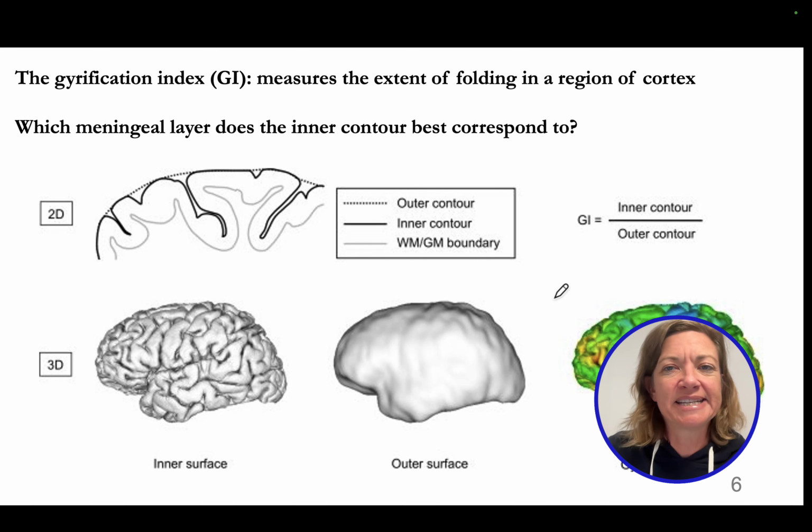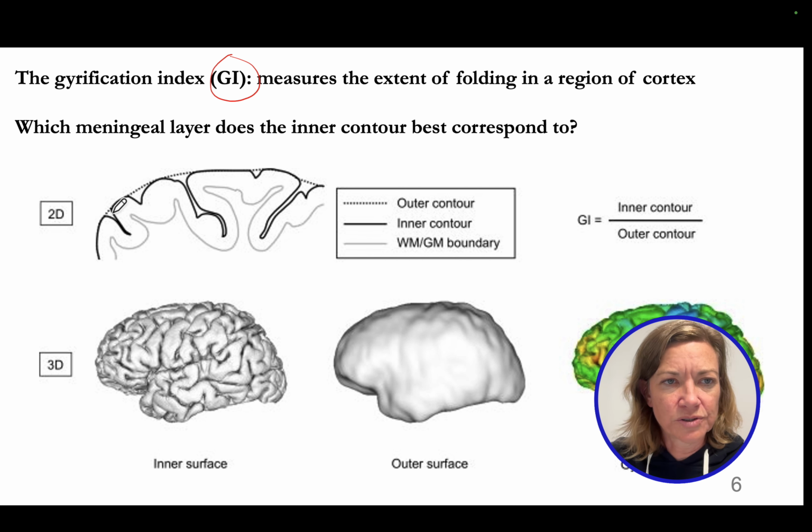So we measure the extent of folding in a bit of cortex using the gyrification index, or GI. And the gyrification index is just a ratio of the inner contour over the outer contour looking at the cortex. And those lines are shown here in a section.